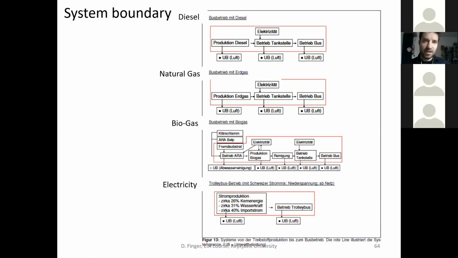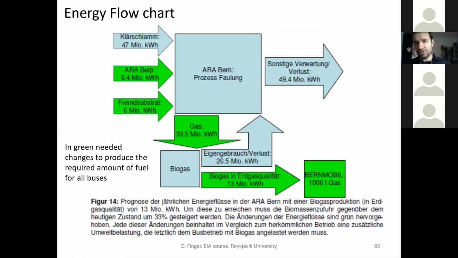And we made the flow chart. I showed this also in the slides before yesterday, how the material flows, where the material comes from and how it goes into the sewage treatment plant. So you have the sewage that comes into the sewage treatment plant.